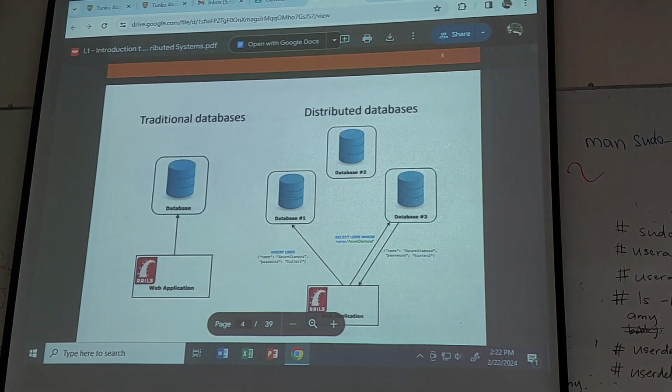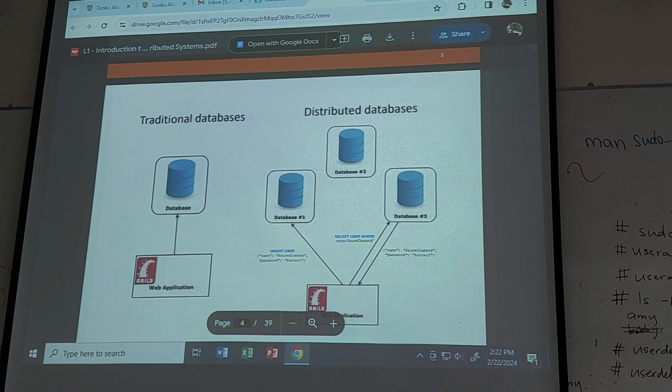Let's say you see database 1, database 2, database 3. Database 3 is to authenticate, let's say, whether the person who is accessing the web application is the rightful person. So you can request database 3 to do the authentication, and database 3 is only focusing on that particular job.